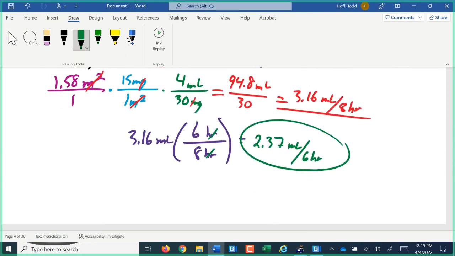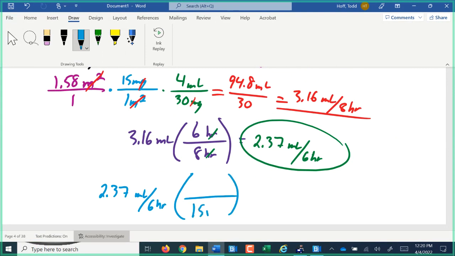Now let's get the full range just to be thorough. 2.37 milliliters every 6 hours was calculated off the maximum of 15 milligrams per meter squared.